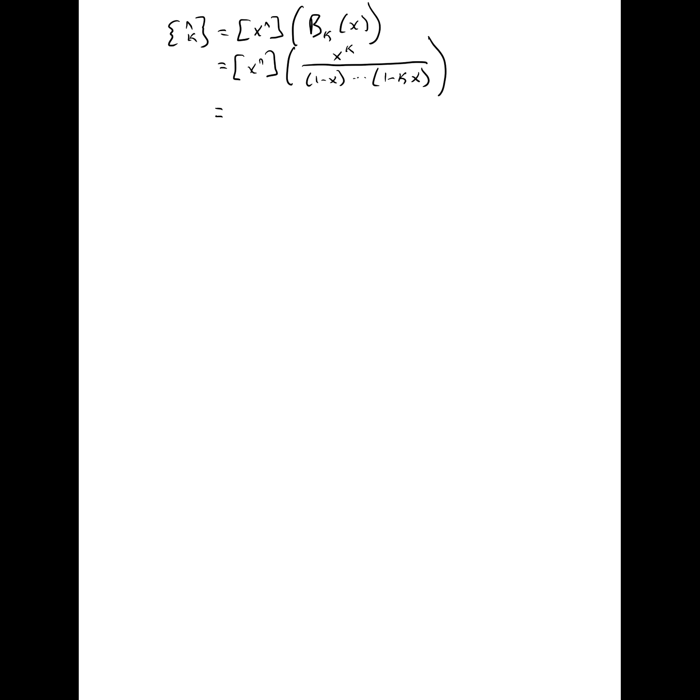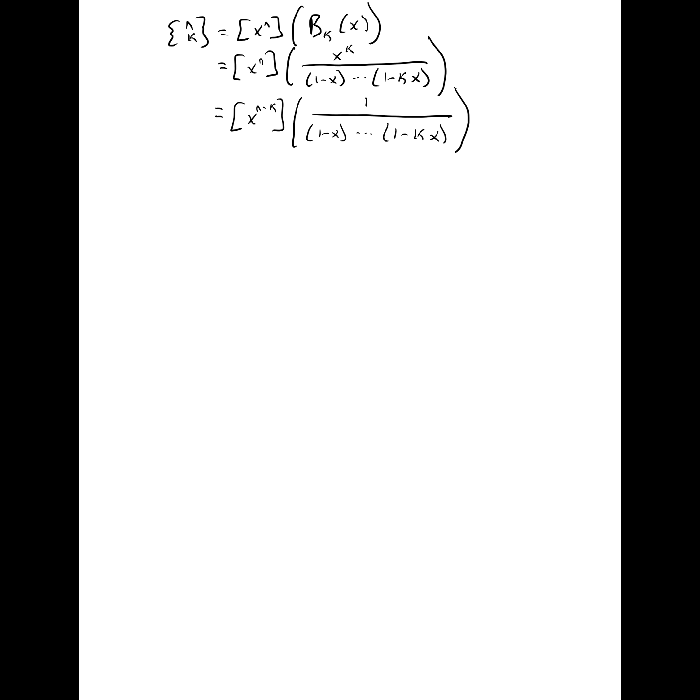But instead of taking the coefficient on x to the n of this function, we'll take the coefficient on x to the n minus k of just 1 over 1 minus x, 1 minus kx, which will give us the exact same coefficient, but it's just viewing it from a different light.